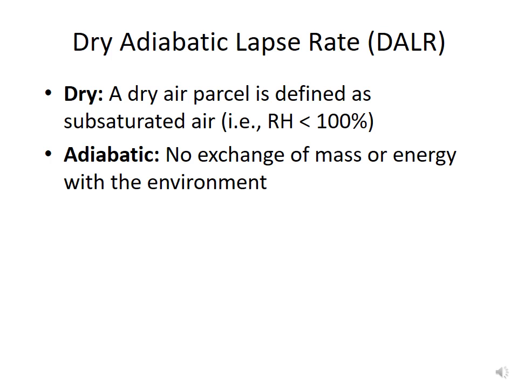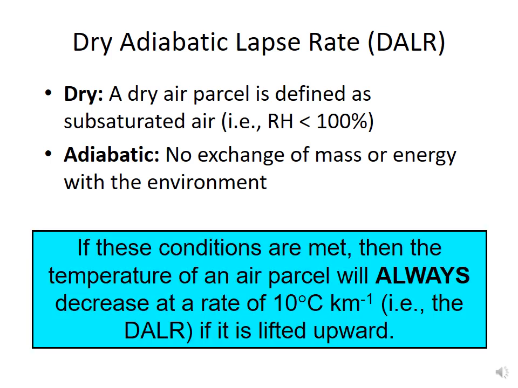Well, it just refers to a dry air parcel that has a relative humidity of less than 100%, and it's adiabatic, which means that there's no exchange of mass or energy with the environment. So this air parcel remains isolated from the environment during its ascent. And as long as those two conditions are met, then the air parcel will always decrease at a rate of 10 degrees Celsius per kilometer if it's lifted upward.